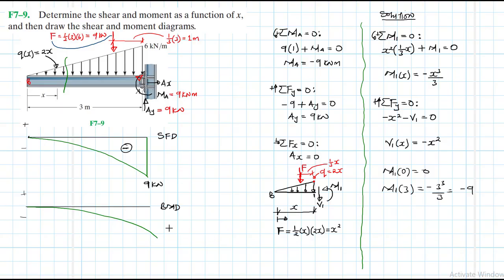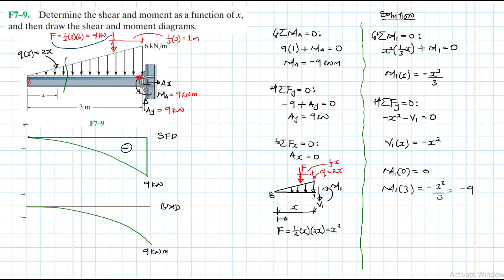Of course, they are not similar, they are not the same, just my not very good drawing. So there we go. This one here is 9 kilonewton meters negative. And then of course here we expect a closure.